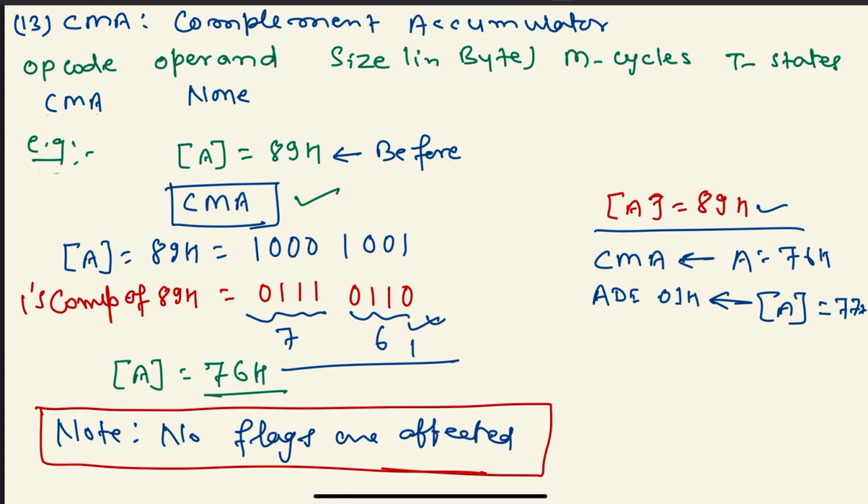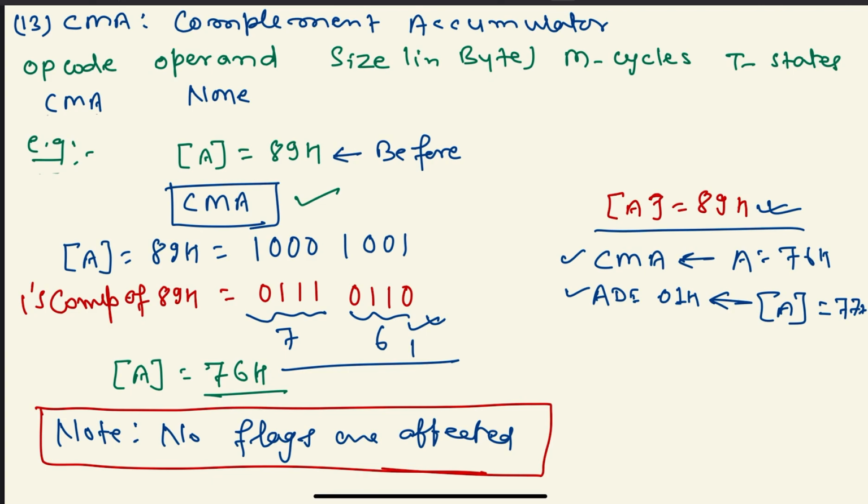So this instruction is basically used for finding the ones complement of a given number, or CMA followed by ADI 01H gives the output as the 2's complement of whatever accumulator content it has taken. So that is the use of the CMA instruction.